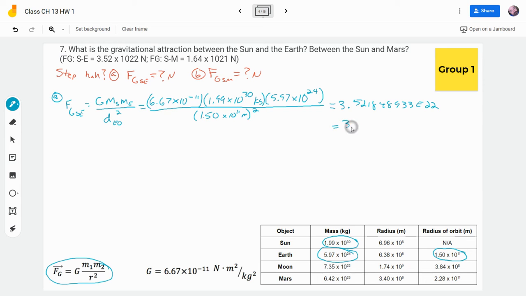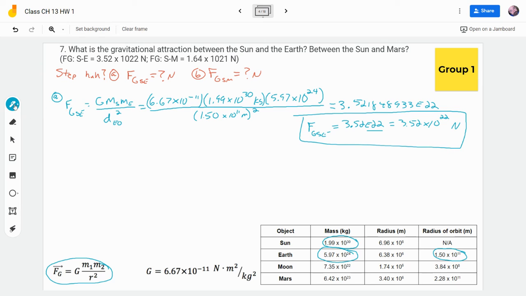What you get is 3.52 E22, which really means 3.52 times 10 to the 22nd. I'm not going to care if you write it as E22, but I predict you will have some science teachers in your academic career who will really care. So I recommend getting in the habit of writing times 10 to the 22nd. And what are the units? Well, this thing is a force, so the units will be newtons. So that's the force of gravity between the Sun and the Earth.